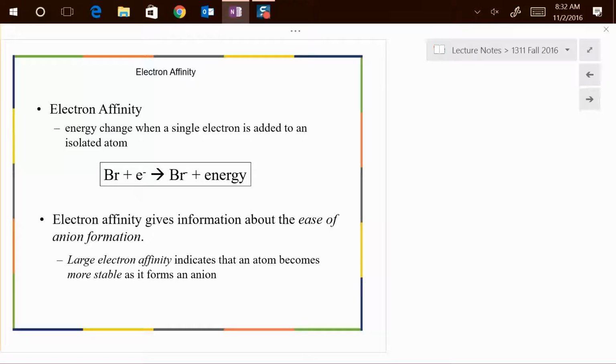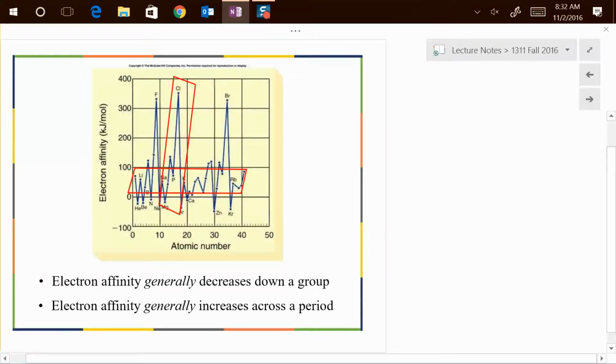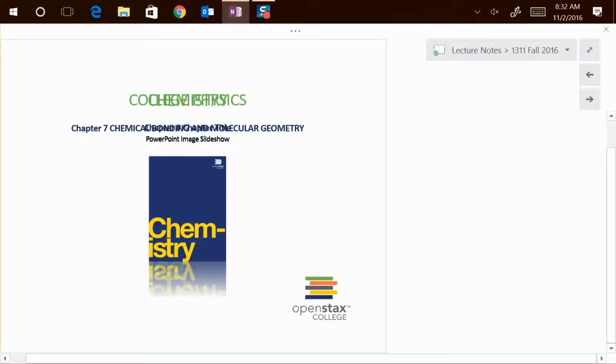Metals have low electron affinities, low ionization energies, and low electronegativities. And this is also showing that trend once again.